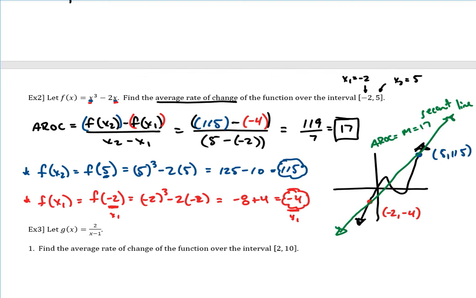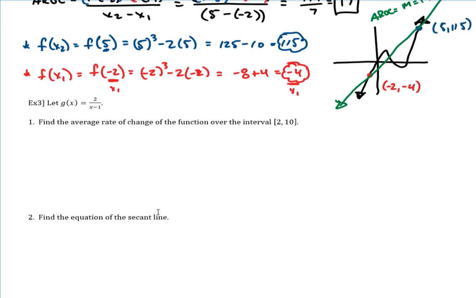It's just letting you know the average rate of change of a function. If it's based on some type of application, it could be like miles per hour, or dollars per month. It just depends on the scenario. We probably wouldn't have -2 as an x-coordinate if it was an application, but it's still good practice. All right, so that's the abstract one we have here.